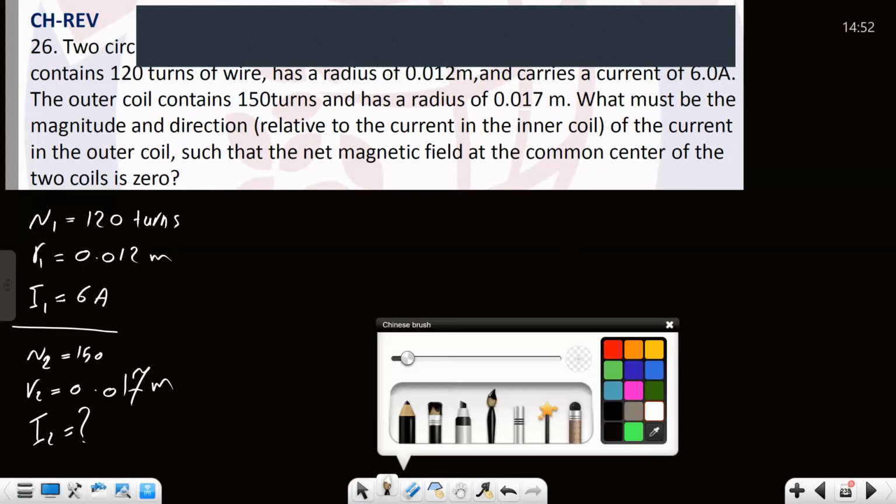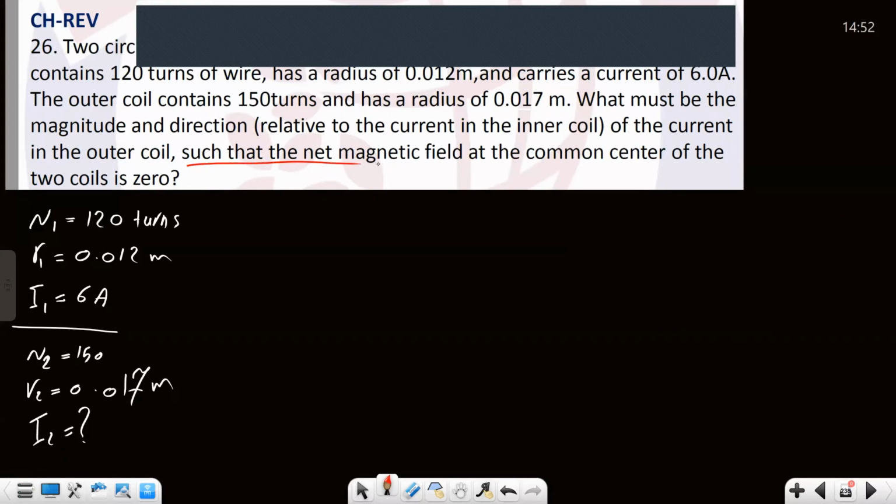And I2 is unknown, we need to find I2. But in the question we have a note, which says that the net magnetic field at the common center of the two coils is 0. So B net at the center is equal to 0. When the question says B net is equal to 0, it means B1 is equal to B2. So what is the formula for finding B1?